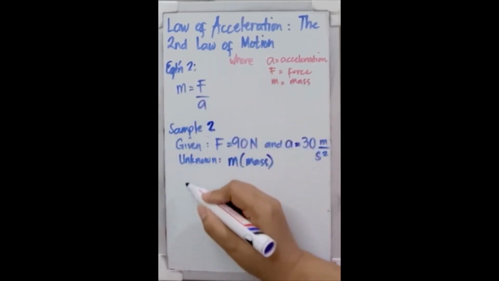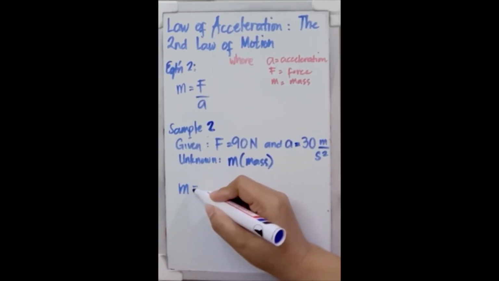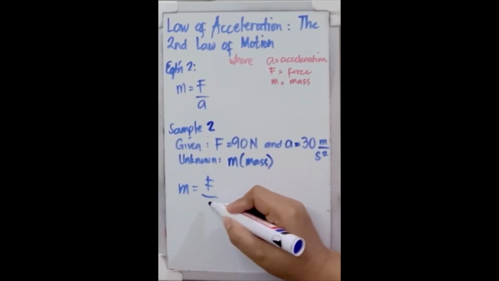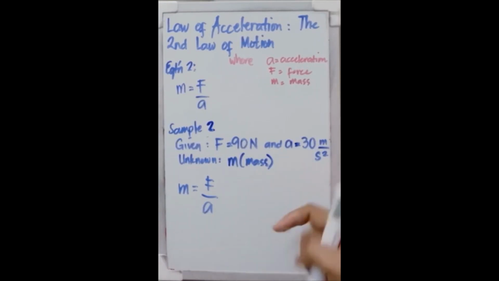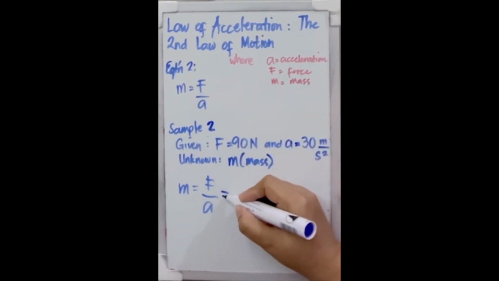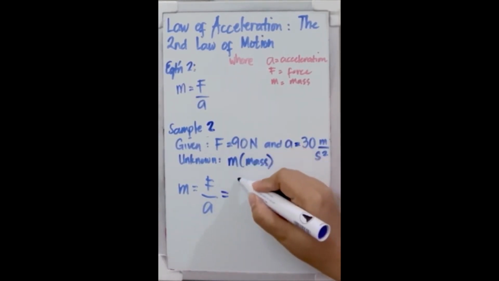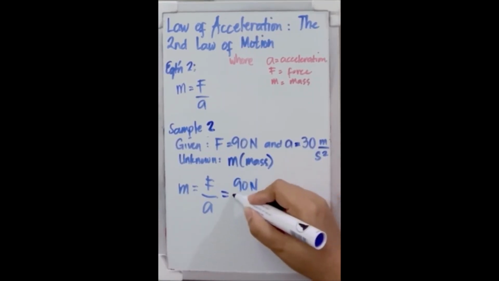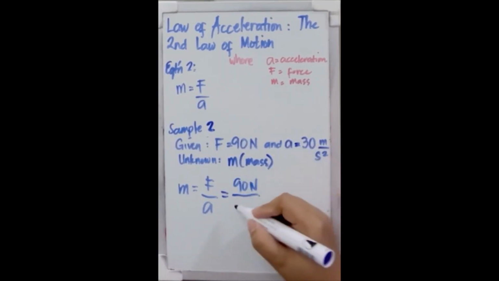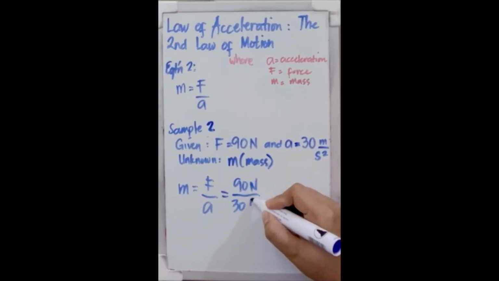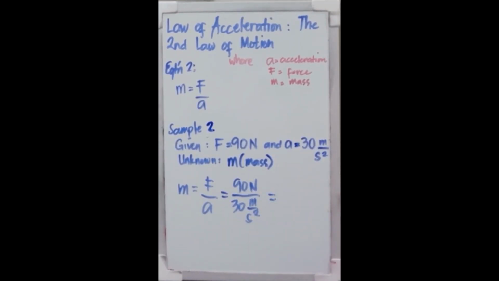Copying the equation, here we have m equal to F over A. Inserting the given values, the force is 90 newtons, while the acceleration A is 30 meter per second squared. Now we can expand the Newton to kilogram meter per second squared.